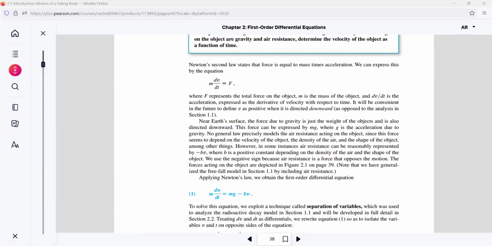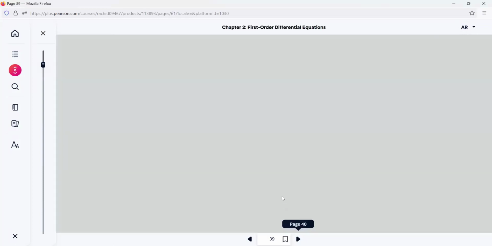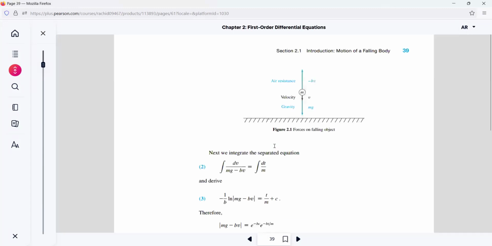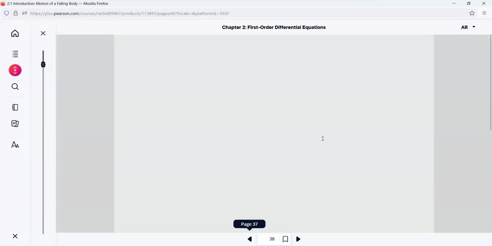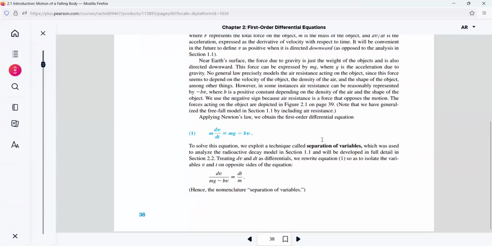And just to show you on the next page, I think here I probably need to scroll down a little bit. Yeah, and show you this step before we go into separation of variables.